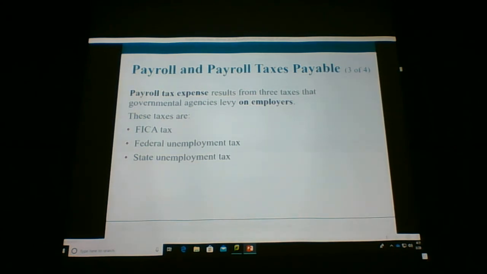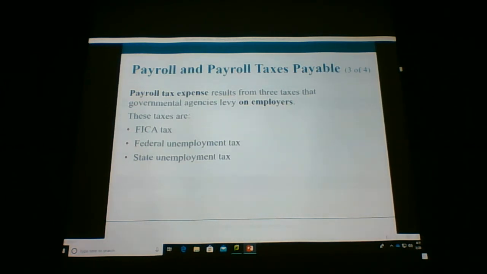Additionally, employers are obligated to pay federal unemployment tax and state unemployment tax. These are sometimes referred to as FUTA and SUTA, okay? These 3 obligations are not withheld from the employee's pay.